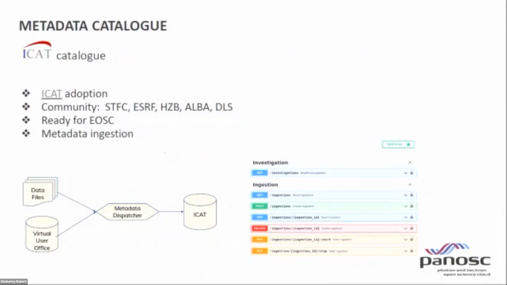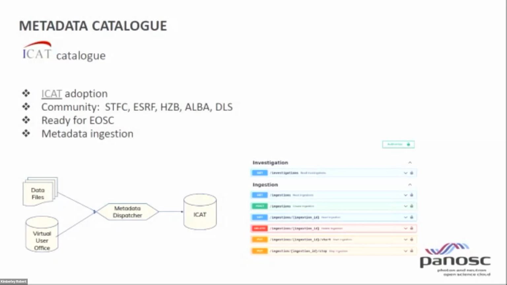So CERIC now is using VUO as user office platform. It's a web platform developed by Elettra, which is one of our partner facilities. It does not integrate any cataloging functionality, so we have to pass to a real catalog. Nevertheless, in VUO there is a lot of generic metadata associated to the proposal, like principal investigator, abstract, and so on. So we have to adopt a catalog.